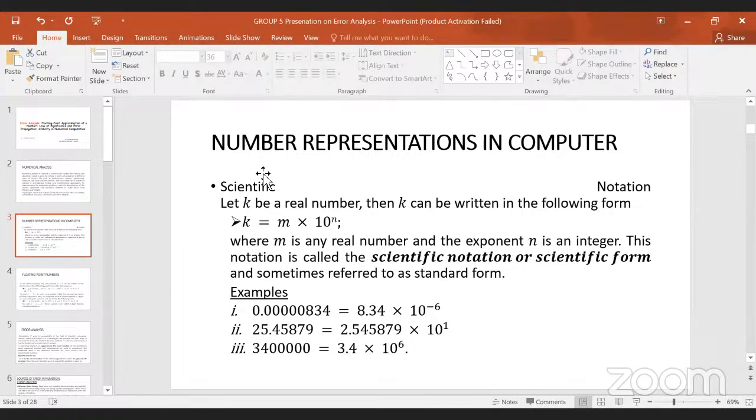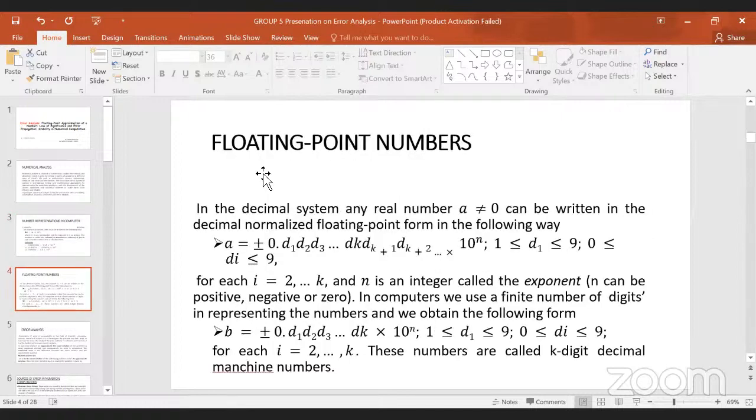We can see examples of this scientific notation, the likes of 0.000000834, and when it is denoted in scientific form, we have 8.34 times 10 raised to power minus 7, and the other two examples that are there.